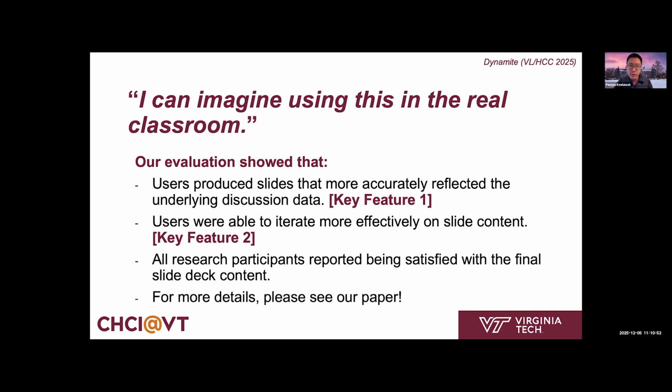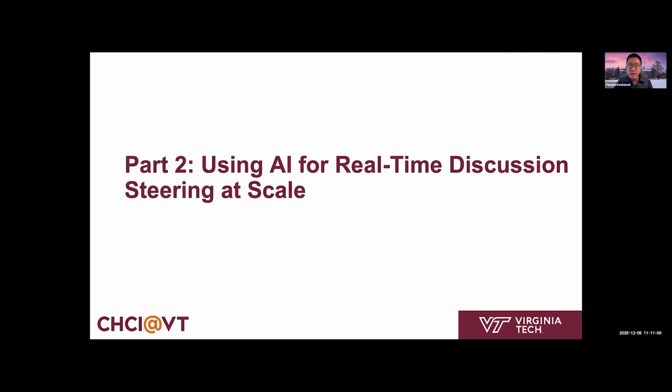And our research participants reported being satisfied with the final slide deck content. For more details, please read our paper. And I'll move on to the next part, which is using AI to help with real-time discussion steering at scale.